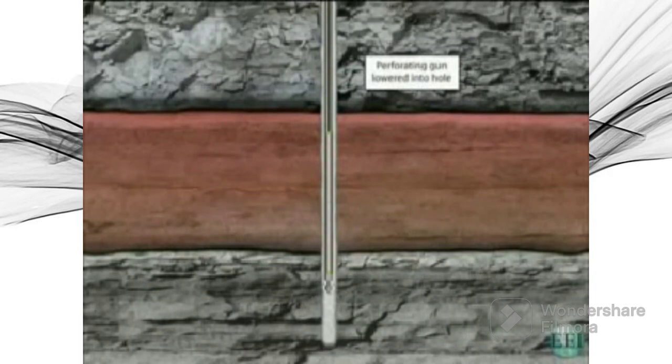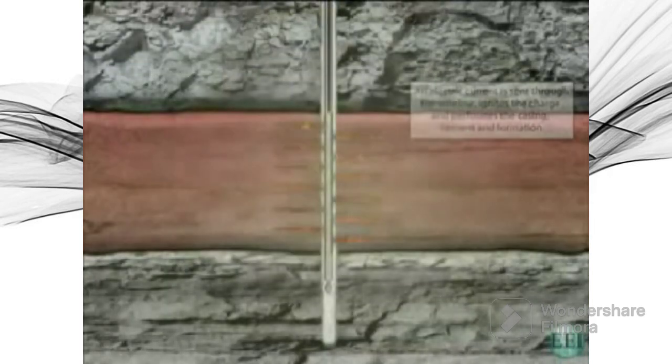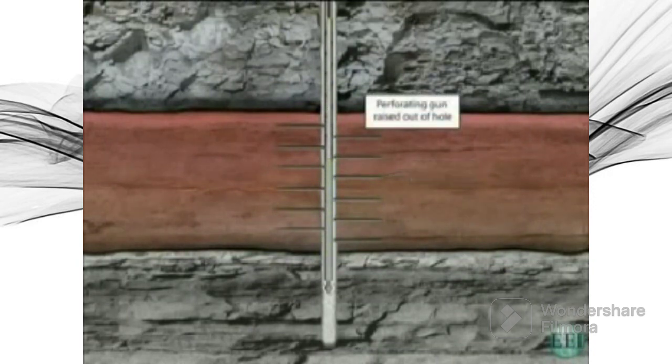Next, a logging tool is lowered on a wire line. As the tool is pulled back, data is gathered to create an electric log. Once the well is logged, being a commercial well, production casing is then inserted.